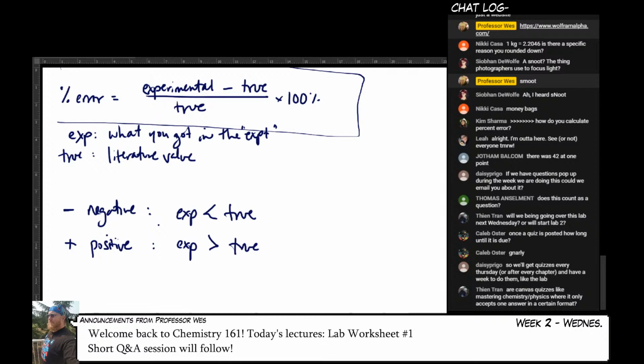Are Canvas quizzes like Mastering Chemistry or Physics? No, it will accept your answer. Well, I mean, that depends. A lot of the questions I ask you will be multiple choice or fill in the blank or things like that. Spelling does count on those. I do require you to match the spelling correctly.